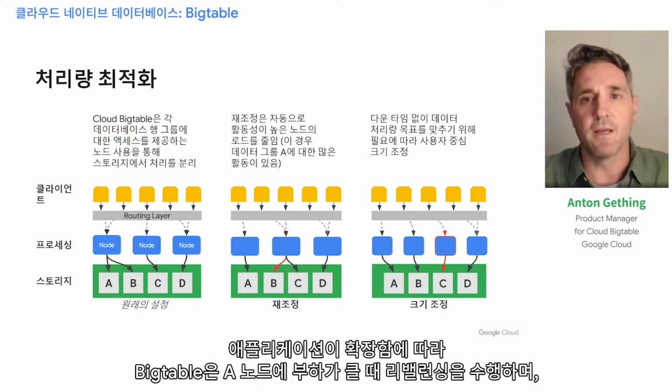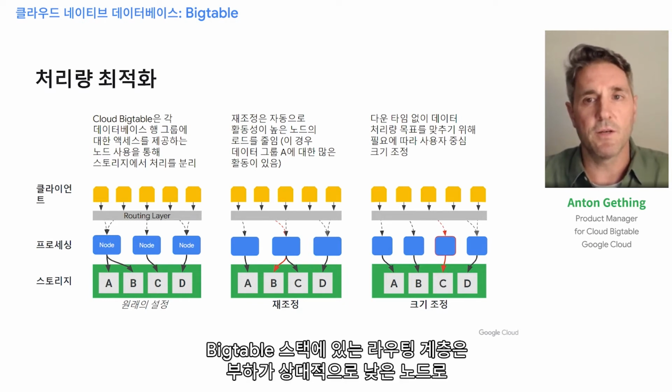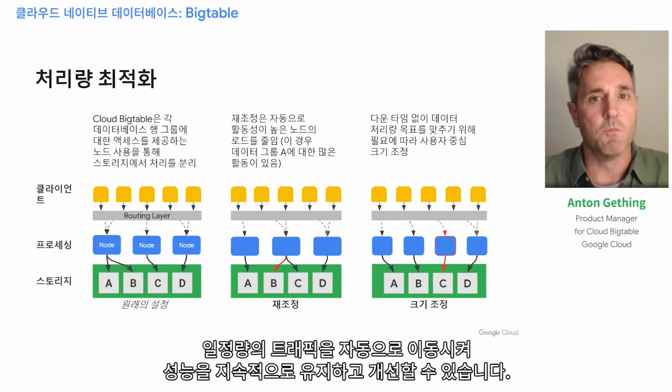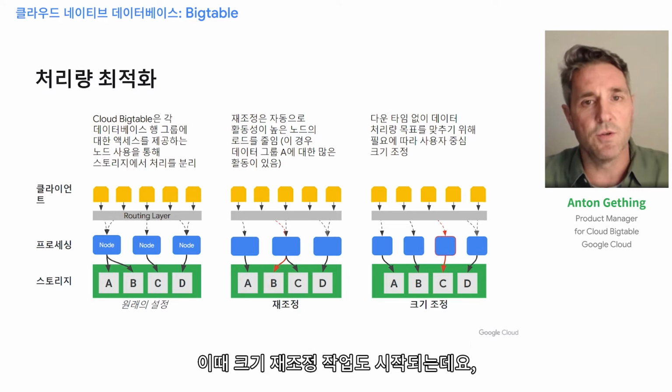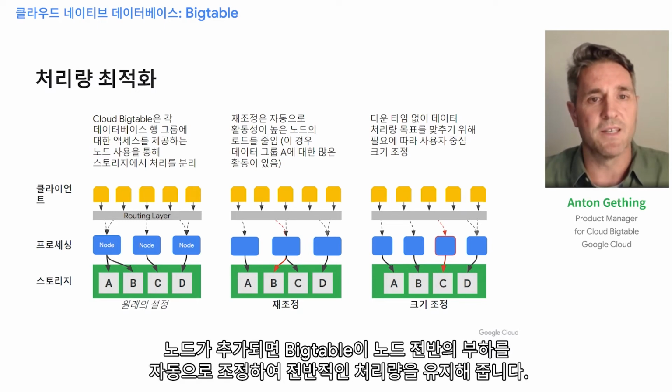If node A is experiencing a heavy load, the routing layer in the Bigtable stack can move some of the traffic automatically to a less heavily loaded node and continue to maintain and improve performance. Resizing too comes into play where additional nodes are added, and again, Bigtable automatically balances the load across the nodes, ensuring overall throughput is maintained.